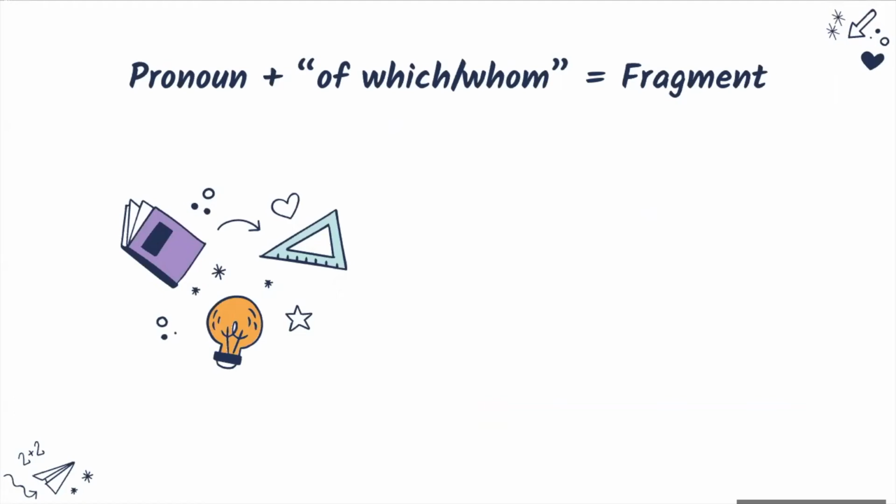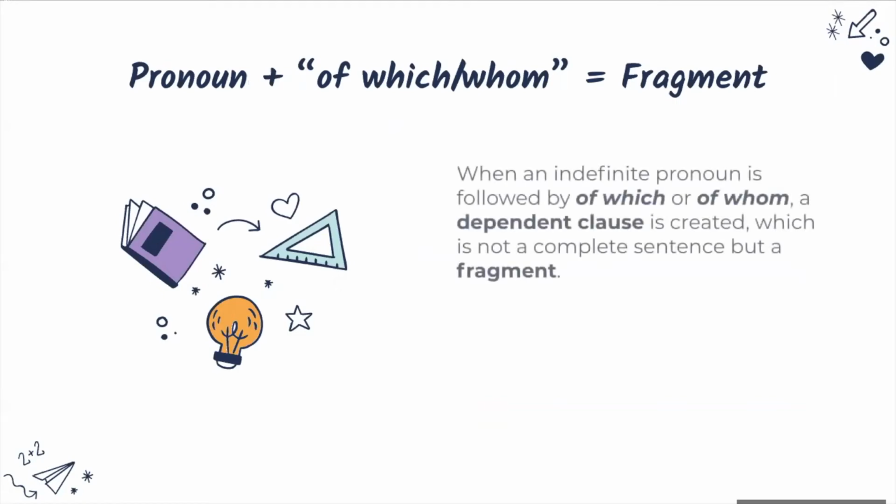Now I'm going to transfer to pronouns that indicate fragments. Basically, when you have an indefinite pronoun followed by of which or of whom, that creates a dependent clause or a fragment, which means that it cannot be a complete sentence because there is no subject and a verb corresponding to that.